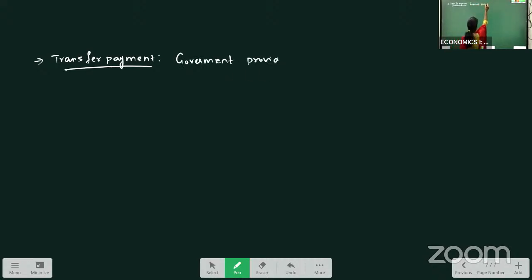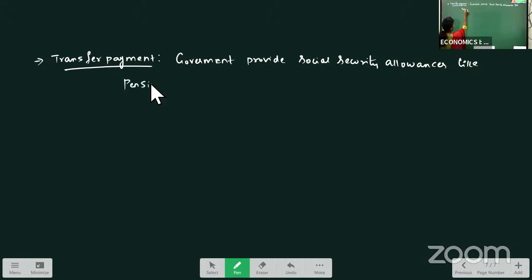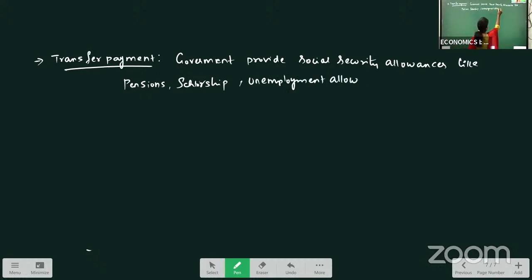Government provides social security allowances like pensions, scholarships, unemployment allowances, relief funds.